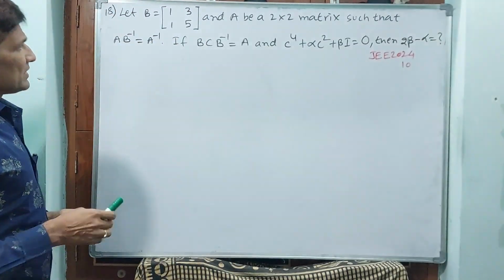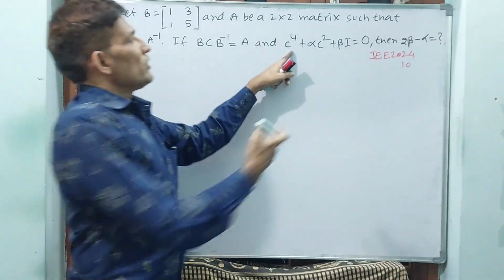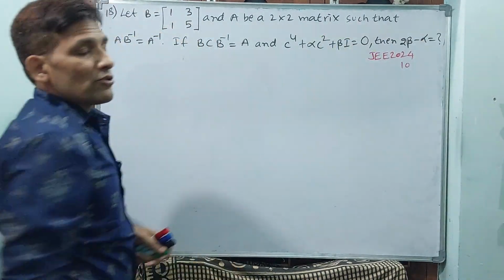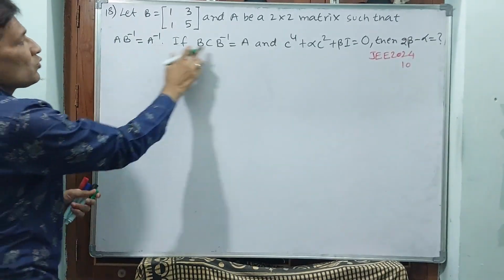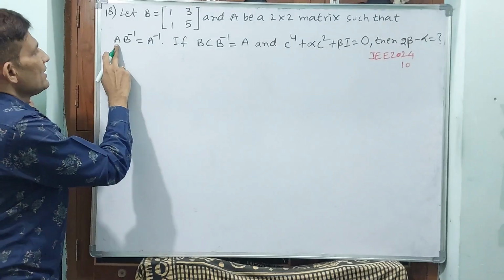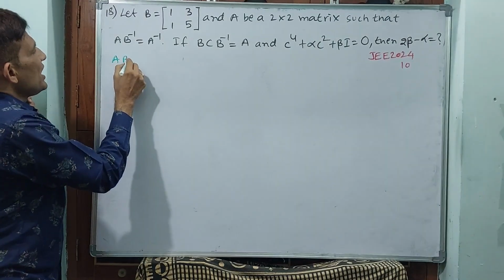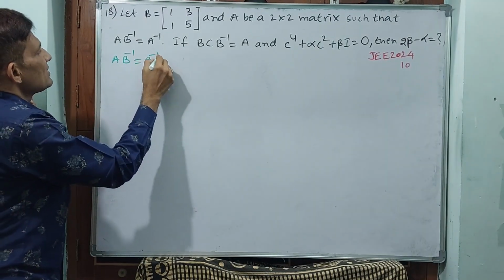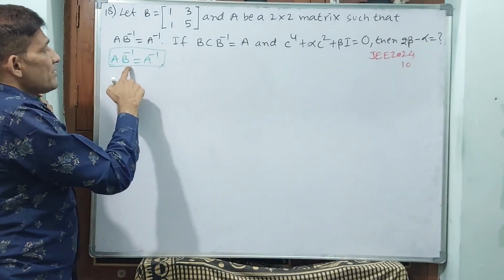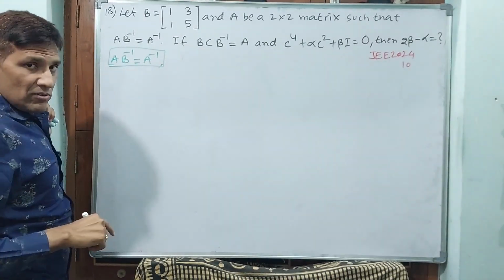See here, first of all, these two we need not consider now. Why? Because this we have to find, and this equation they have given, we have to use finally. These two we have to utilize and bring some equations. Now here they have given A B inverse is equal to A inverse. But shall I write B inverse A also A inverse?